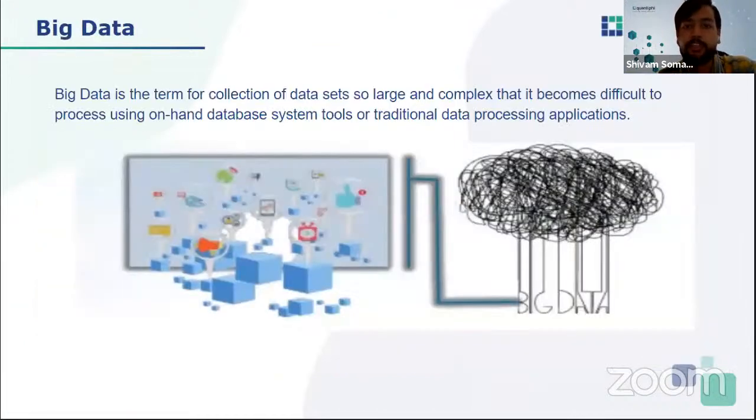So what is the definition of big data? Data was present before, so why do we call it big data? Traditionally, we had all the data in relational or file-based systems, and the data was in limited amounts, not so much that we couldn't process it manually. That data growth has become very fast, and now the data is so large and complex that it becomes difficult to process with on-hand database system tools or traditional database processing applications.